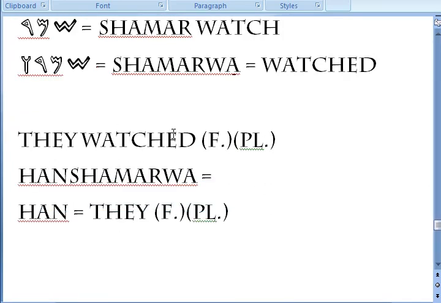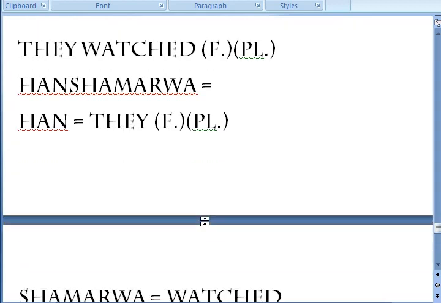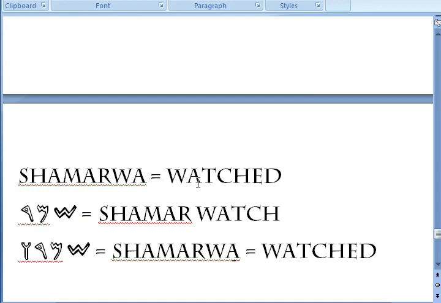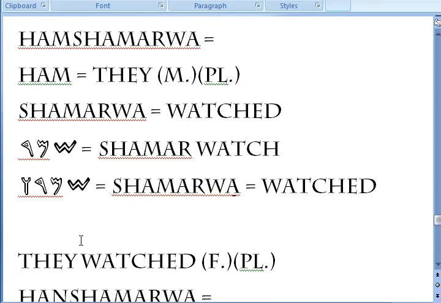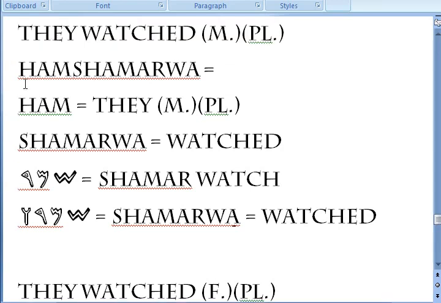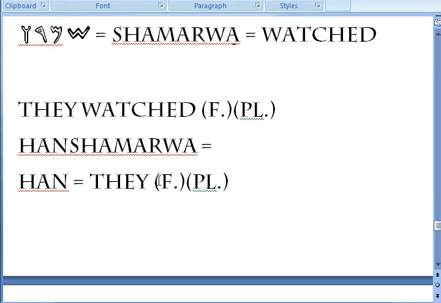Okay, "they watched," female plural, is han shamarwa. Han is "they," female plural, and then shamarwa is "watched." Shamar is "watch," shamarwa is "watched," feminine plural. But notice that shamarwa doesn't change in either the male plural or the female plural. It's just the word that describes "they," which is hum for male and hun for female.